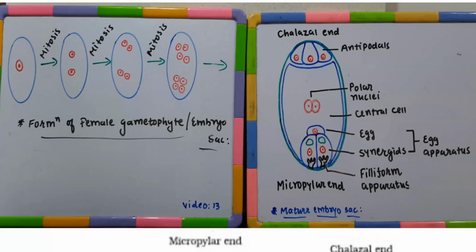So our next topic is the formation of female gametophyte. How the female gametophyte develops from that single functional megaspore. That is our next topic.